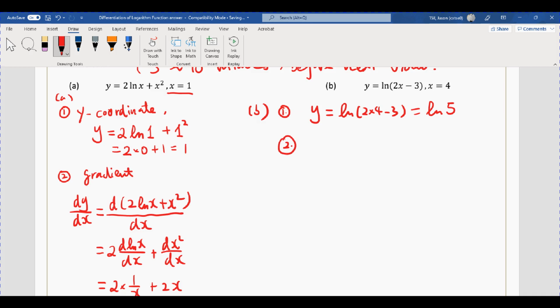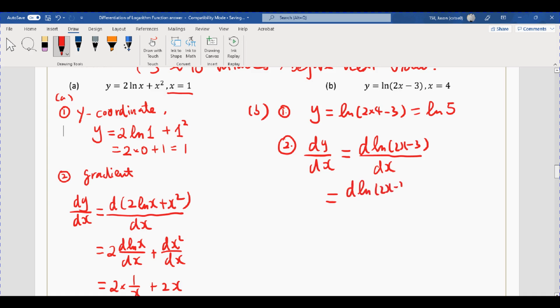Okay, to find the gradient, you need to do the differentiation, right? Differentiation of such a function, you see, we just try to do a little bit of revision. So you see that 2x minus 3 and the variable part is just x. You can't do the differentiation straight.